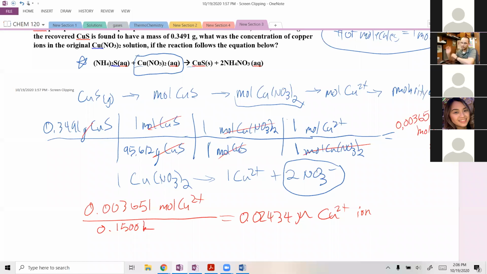Anyone have any questions on that? Is there some sort of way that we can practice this type of problem? These are dimensional analysis, precipitation problems. Okay. And so what I would recommend, if you want more of these, is there's a lot of them at the end of your chapter 4 book.